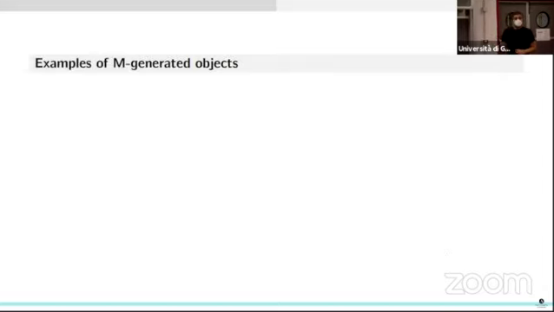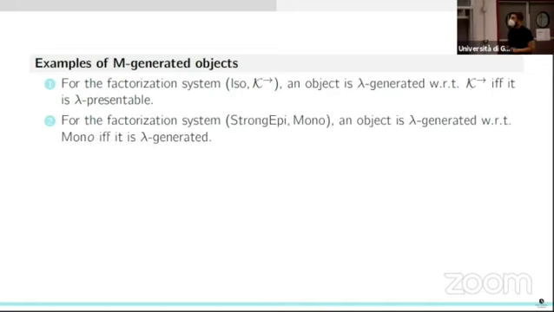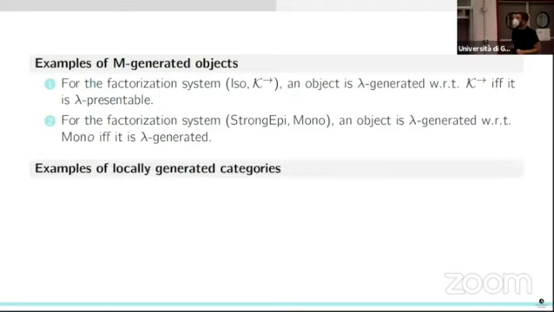So let's see a couple of examples, only trivial ones because I have no time. And then I will concentrate on Banach spaces, which is my storytelling example, let's say. When I choose as a factorization system the stupid one, then to be lambda generated is the same as being lambda presentable, of course, but this is not surprising. So this strictly generalizes local presentability. And if I choose strong epi and mono, then lambda generated recovers precisely the notion of Gabriel and Ulmer.